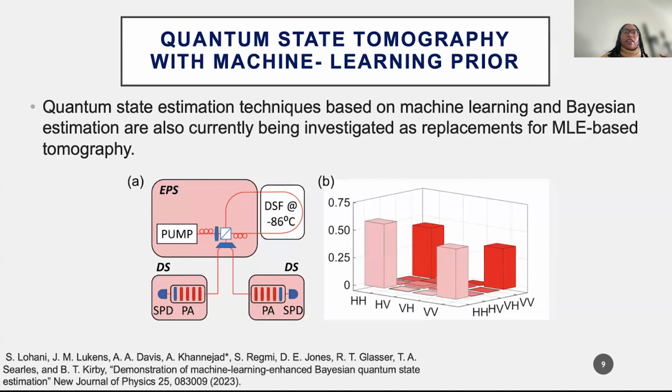So in this example, we use experimental results to find out if the machine learning prior reduces the convergence times and if it provides a way to include information directly into the prior distribution. So figures A and B show, again, the same setup of the EPS and the density matrix that I showed before. The EPS setup for this experiment is pretty much the same, and the density matrix is made up from the quantum state tomography.